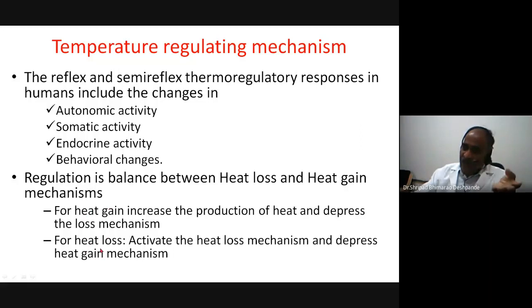In the other way, heat loss is because of the increased cooling, that is a heat loss mechanism, and decreased heat gain mechanisms. So you have to consider these two aspects. That means we have a heater and a cooler, and the balance between the heater and cooler working together maintains the heat gain or heat loss mechanisms. When something happens, one has to have a reciprocal relation in which they will try to balance. That is the one aspect.